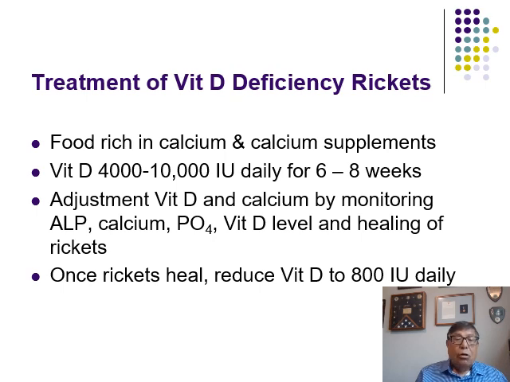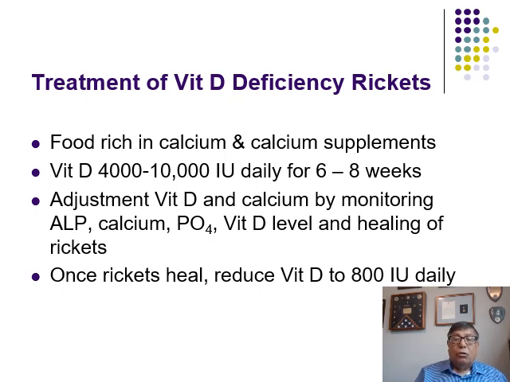And there are two approaches. One is to continue to give 4 to 10,000 units of vitamin D daily, and then keep on checking the alkaline phosphatase and the other parameters, and depending upon that you adjust your dose.